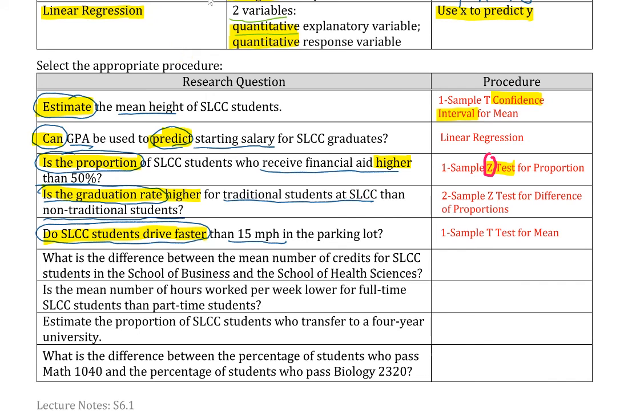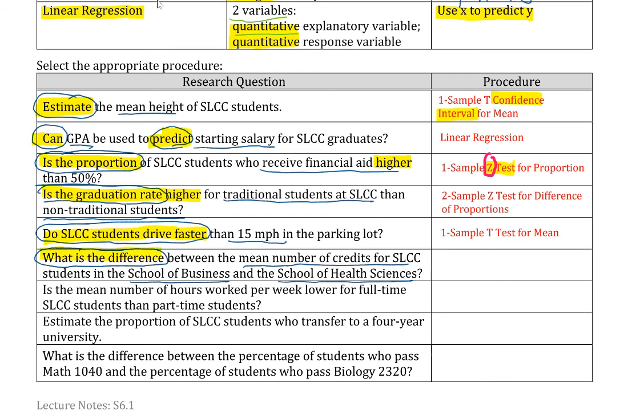Our next research question. What is the difference between the mean number of credits for SLCC students in the School of Business and the School of Health and Sciences? Here we're being asked, what is the difference?